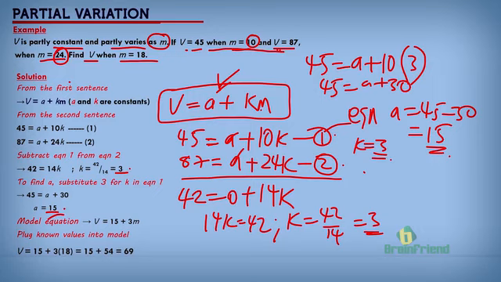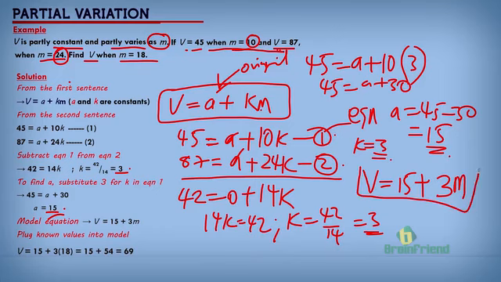Now we can impute that into our original equation here to get a model equation. V is equal to 15 plus 3M. So we have our model equation. Now, to answer our question, remember, we're asked to find V when M is 18.